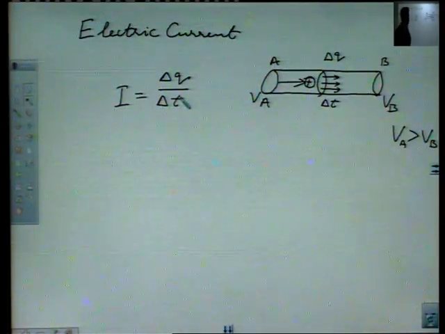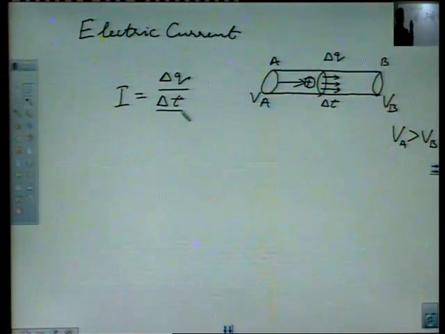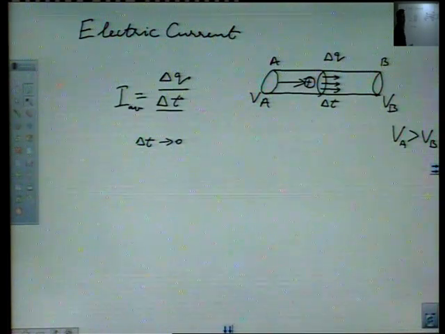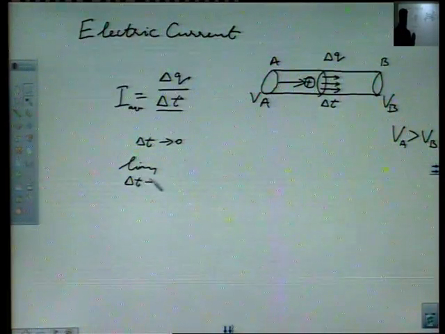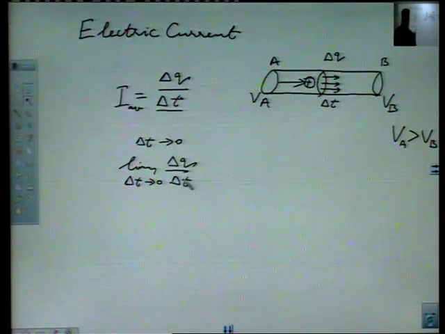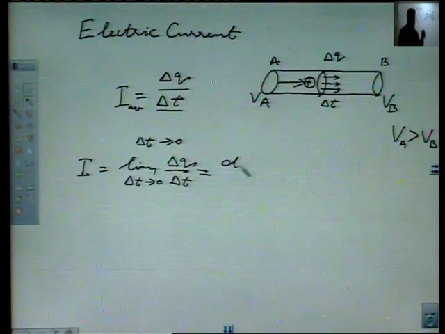Now, if this interval delta t is large, then this current is called average current. But if this interval delta t is infinitesimally small, that is delta t tending to 0, in that case the current can be written as limit delta t tending to 0 delta Q over delta t, and this is equal to dq over dt.